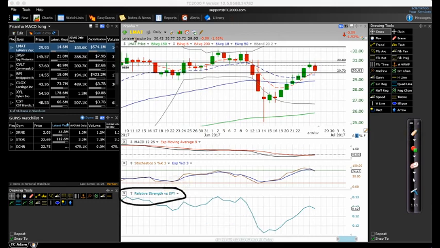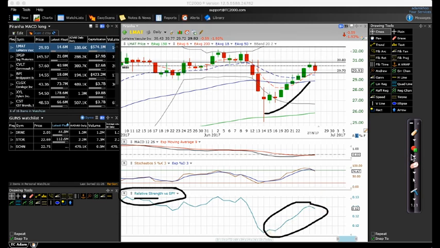So this tells me how strong the stock is relative to the S&P 500. You can see that recently the relative strength has been trending up, which means that the price has been going up and it's been going up against the S&P 500. So I want to see this moving up. That is a good signal.